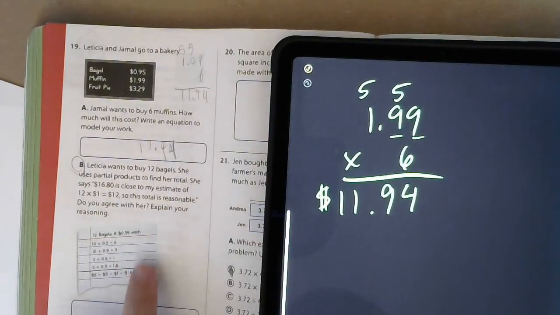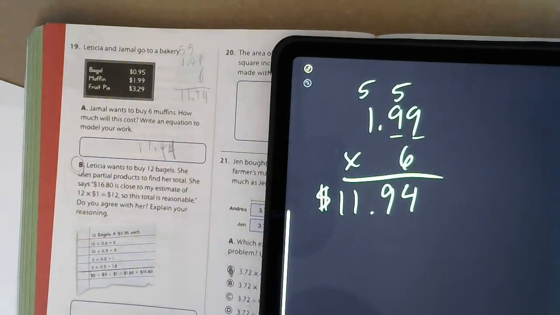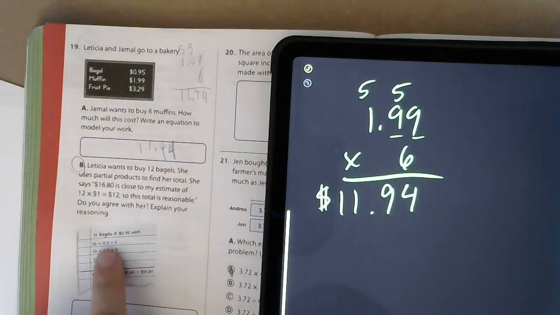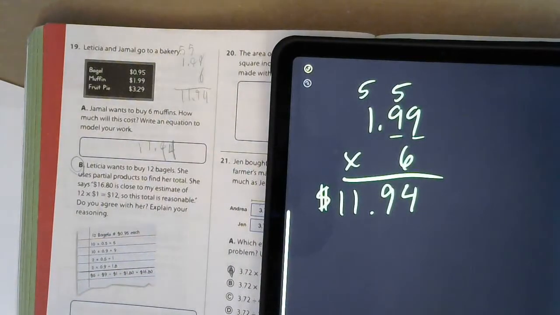She rounded the bagels up to 1, and she came up with her answer of $12. She used some partial products here, taking 10 times 5 tenths to get 5, 10 times 9 tenths to get 9, 2 times 5 tenths to get 1, and 2 times 9 tenths to get 1 and 8 tenths. She added all those together and got $16.80.